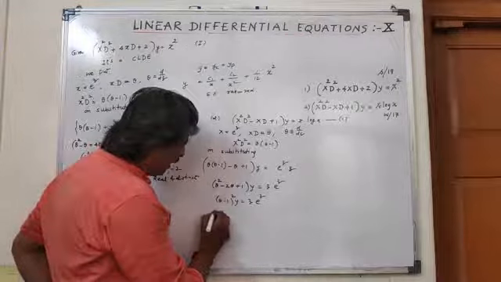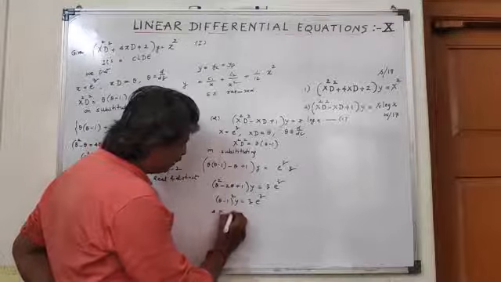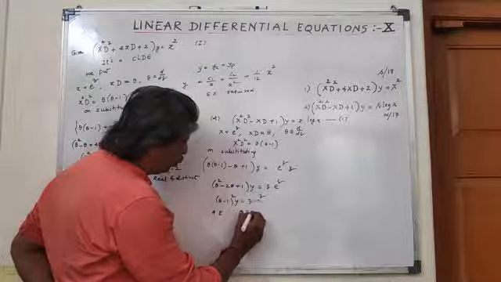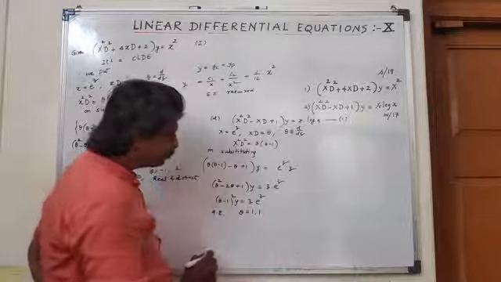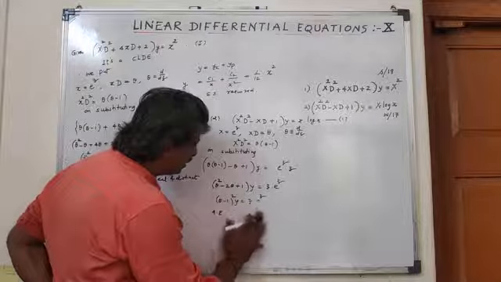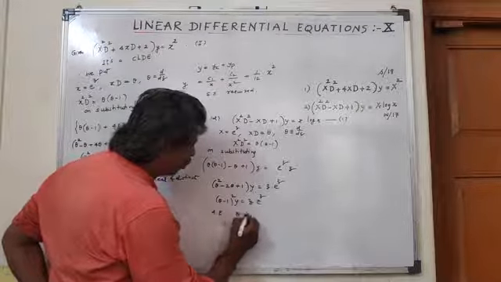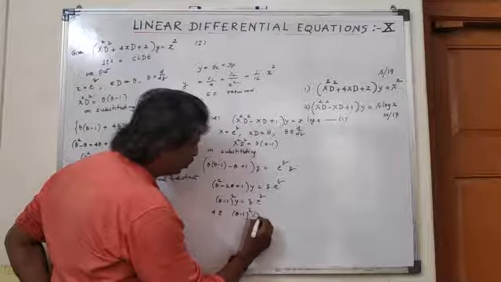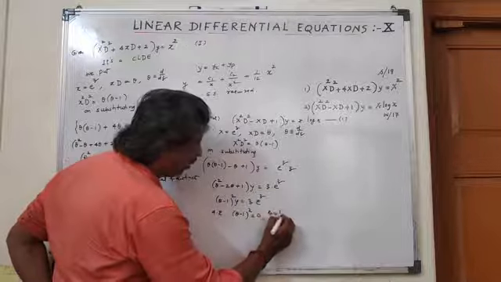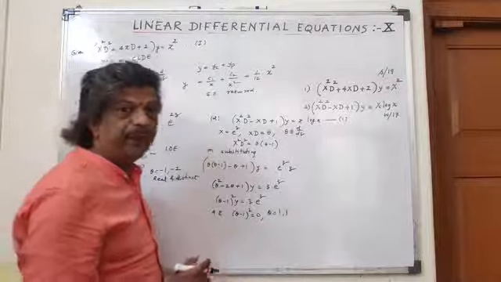Sorry, auxiliary equation is theta minus 1 whole square equal to 0 and its roots are 1 comma 1. The root 1 is repeating twice.